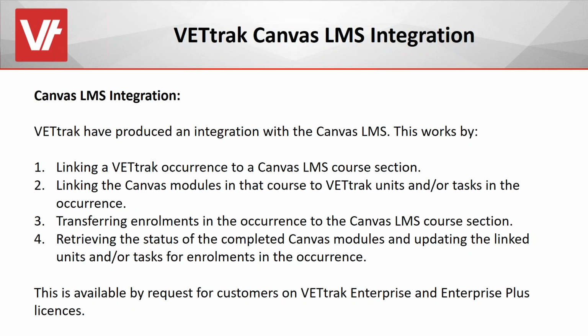We'll get you to update your registration key in VETtrak, and then all of the menus and wizards that you'll see today will be made available. Obviously, you also have to have a Canvas account and be a Canvas customer for this to all work. So that would be the first step before getting the integration piece turned on in VETtrak.